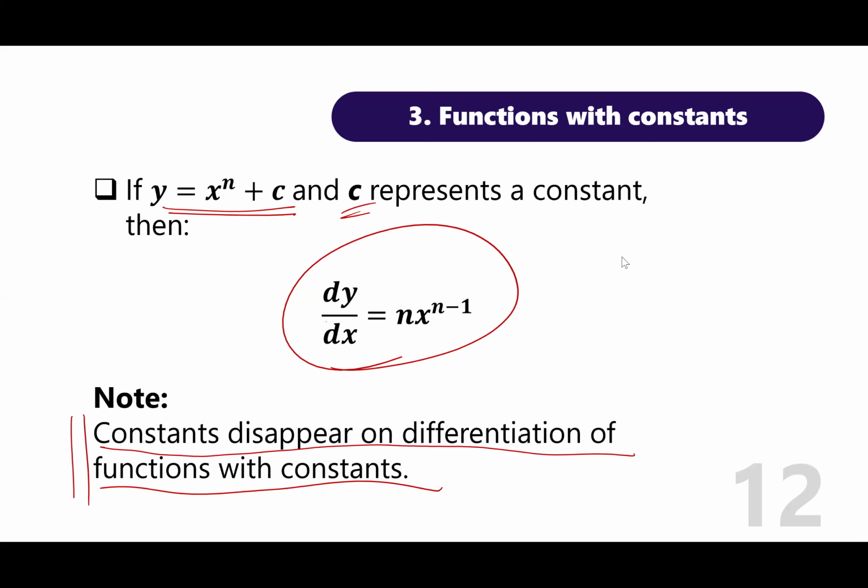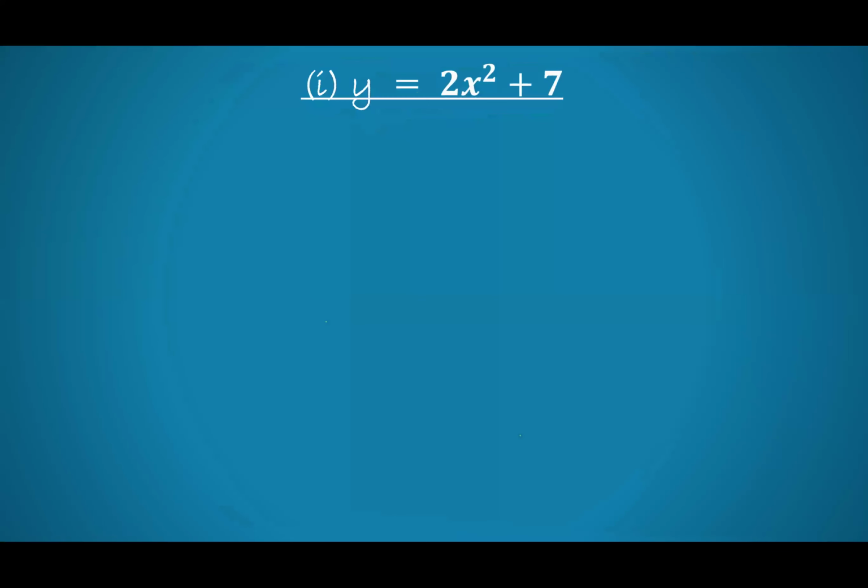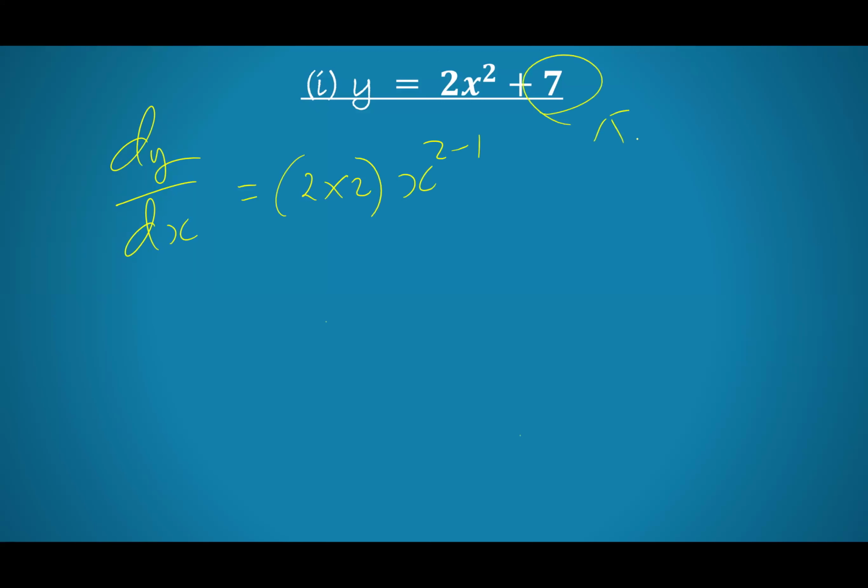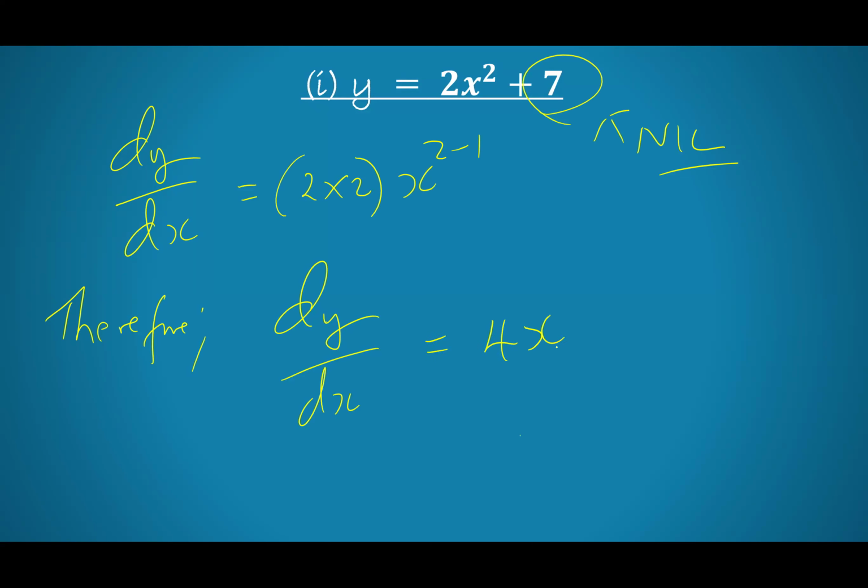Okay, let's try out the first one. If we have y is equal to 2x squared plus 7, our dy/dx will be 2 times 2, x to the power 2 minus 1. The 7 disappears, comes to 0. So therefore our dy/dx will equal 4x to the power 1, which we don't usually write.